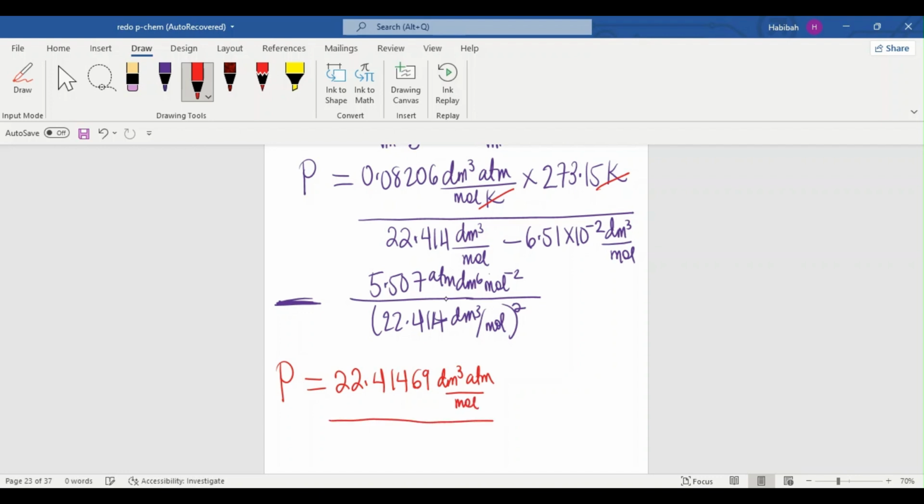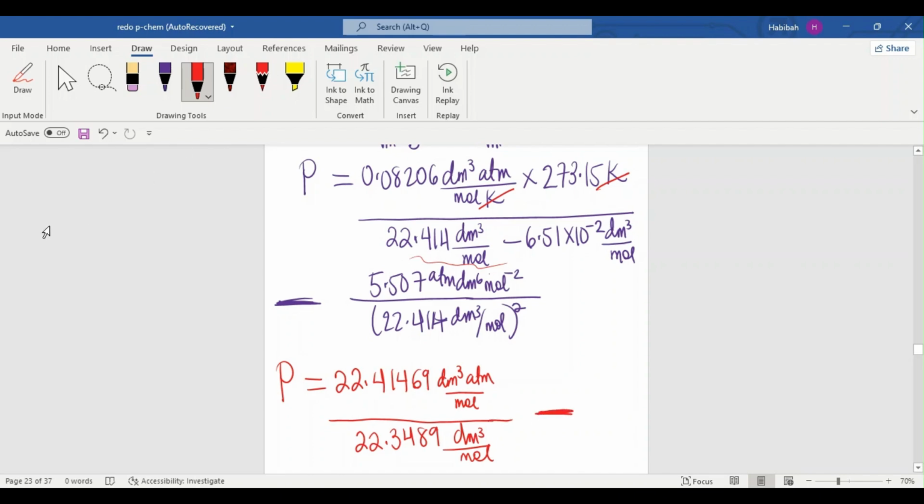Divided by 22.414 dm cubed, this one at the bottom, minus 6.51 times 10 to the power of negative 2, which is simply 22.3489 dm cubed per mole. So we've subtracted the information at the bottom.